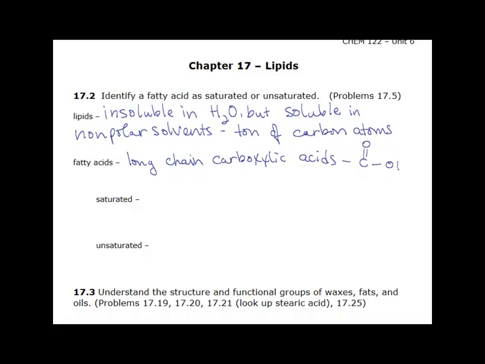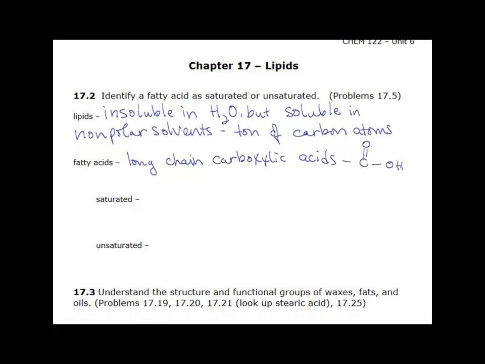Okay, so that's a carboxylic acid. Now, when I say long-chain carboxylic acid, I mean 15 plus carbons. You can have 28 carbons to 40 carbons. It just depends on what type of fatty acid you're talking about. But it's pretty remarkable how many carbons these fatty acids have.